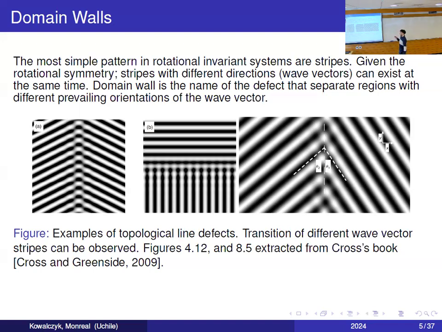So if we have these rotationally invariant systems, different stripes with different directions can coexist. And given that we can generate stripes with different directions, we should have some transitions in some part of the space. This part where this transition occurs is called a domain wall.